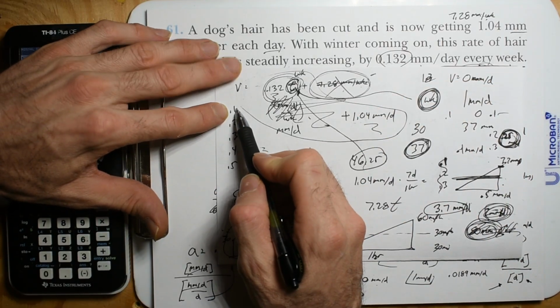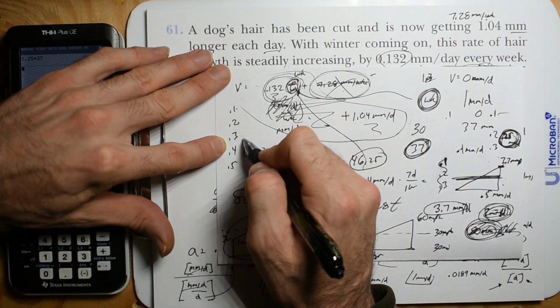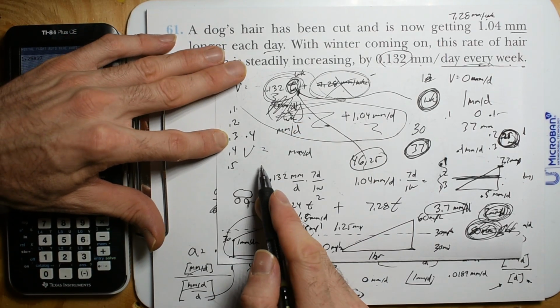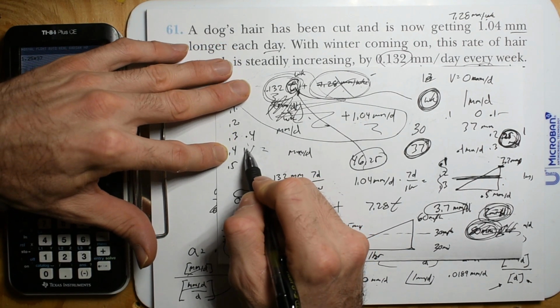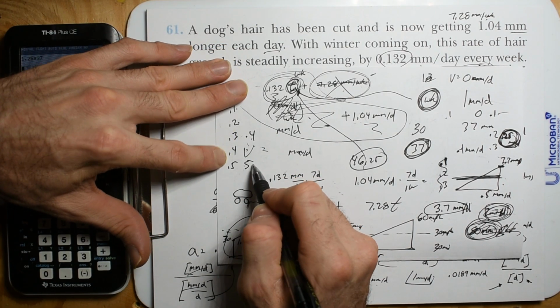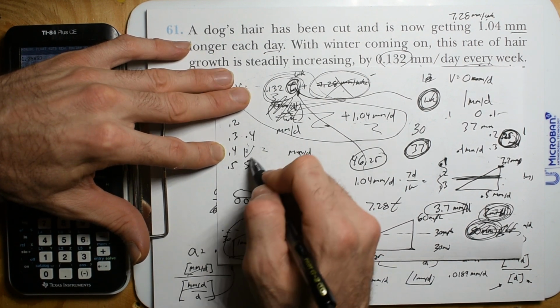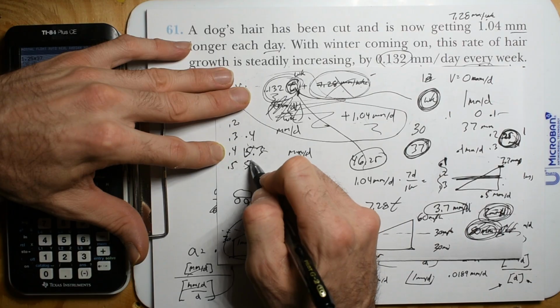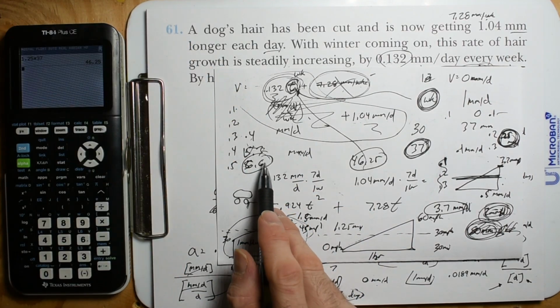By this day it's going to be 0.4, and then by this day it's going to be 4.3, so we're going to 5.3, and then this would be 6.6. So that's a better estimate, and now we'll use that.